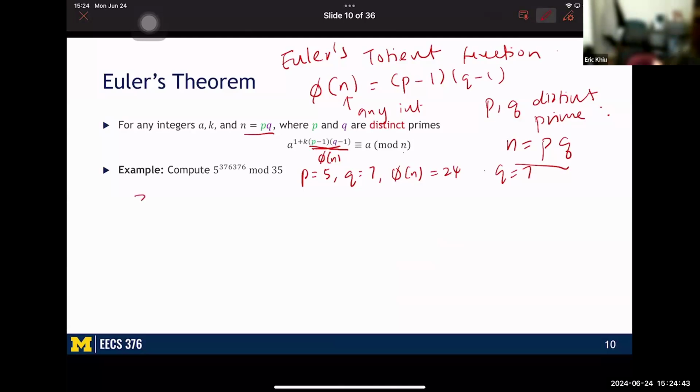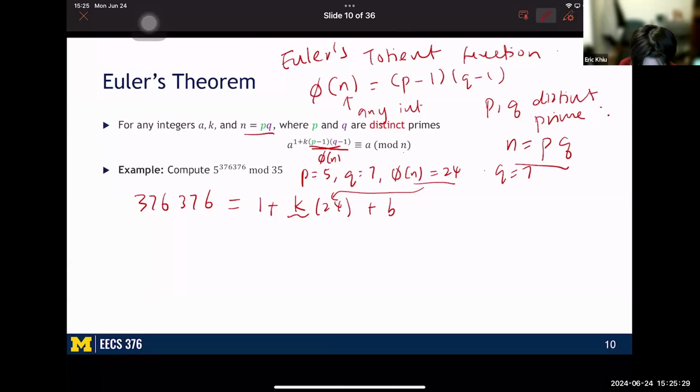We want 376 to be equal to 1 plus some k times 24, since we know that this Euler's totient is 24, and we're probably going to have some remainder as well. I think this is going to be a very big number that we won't expect you to do by hand, because as you can see, this k is probably going to be very big.